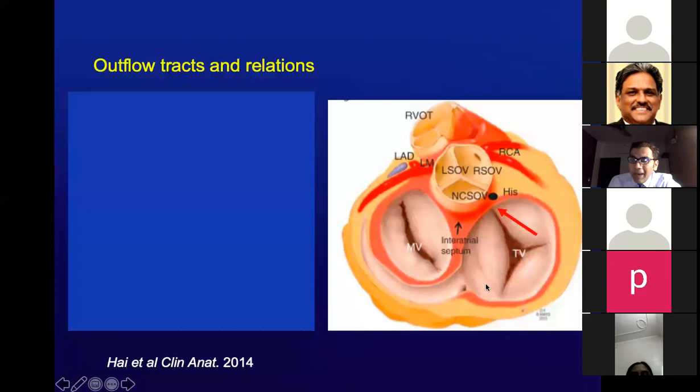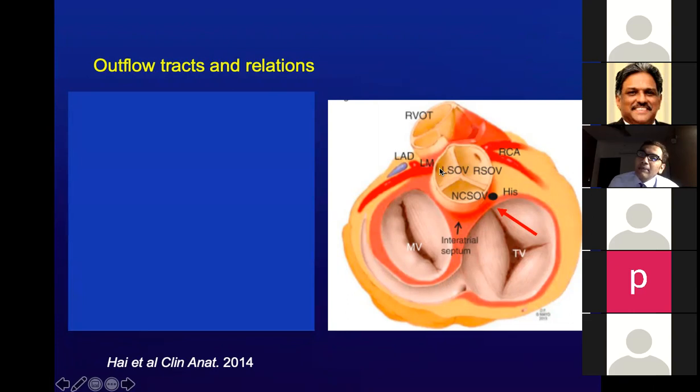The posterior part of both these annuli are in contact, but the anterior part is actually broken down by this structure, which is part of the central fibroskeleton of the heart as formed by the aorta. This is your aorta. This is the mitral, tricuspid, and anterior to the aorta is the valve of the pulmonary artery or the pulmonic valve. This is where the RVOT is present and comes out.